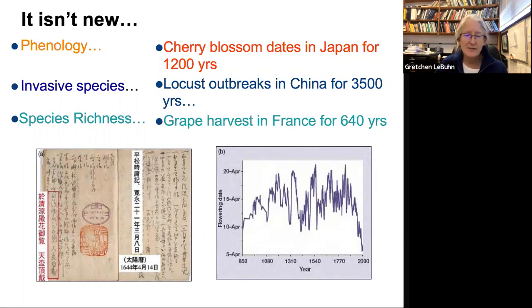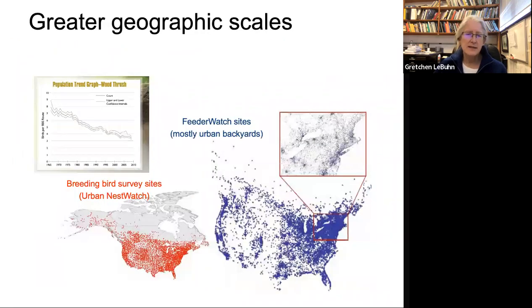So there's lots of examples, if you really look closely, that show that we shouldn't have been that surprised by the benefits of collaboration between academic or formal scientists and community scientists. What it does do, which is really amazing, is allow us to look at things at much greater geographic scales.